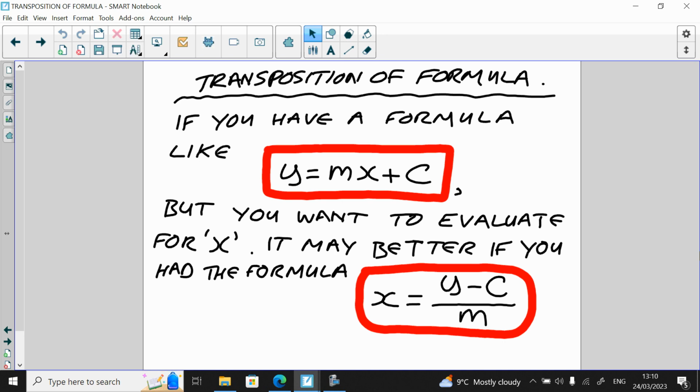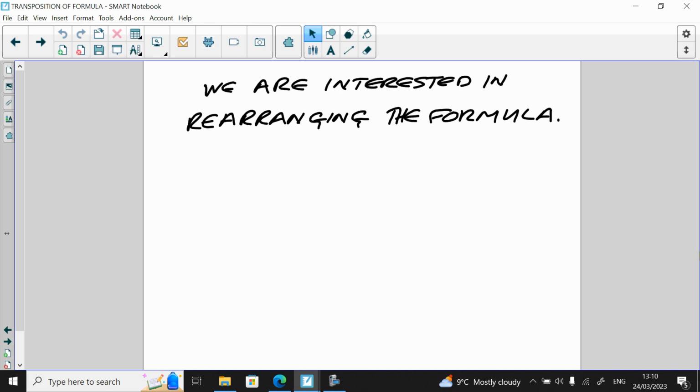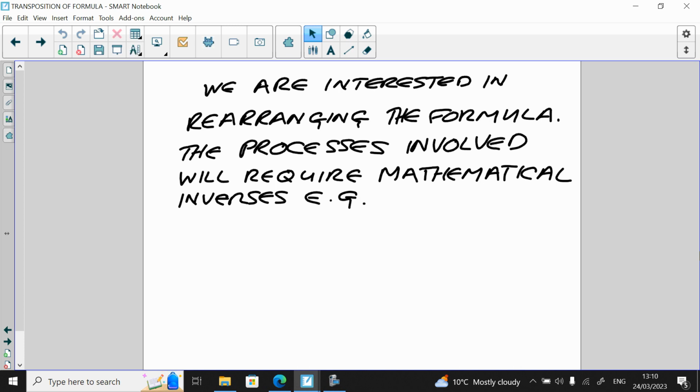So let's go for it. All we're doing is moving pieces about the page here, as it says, rearranging the formula. And in maths, we have relationships between certain things, and they are called inverses or opposites.